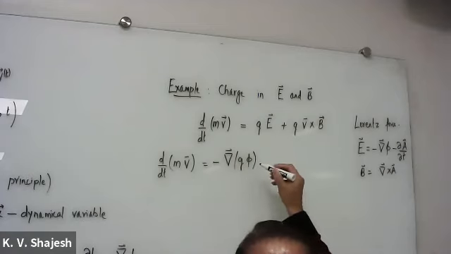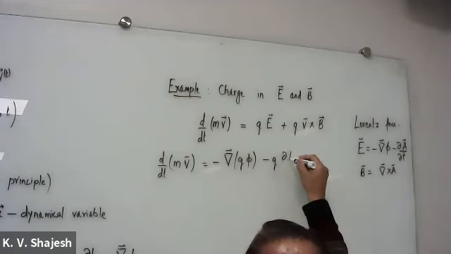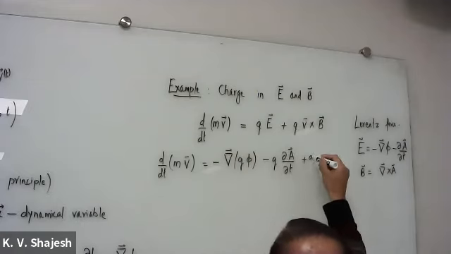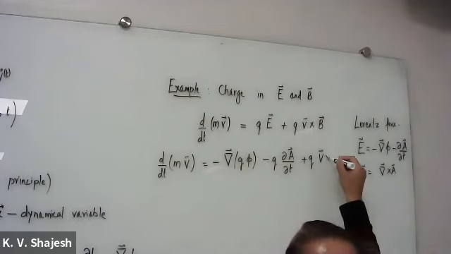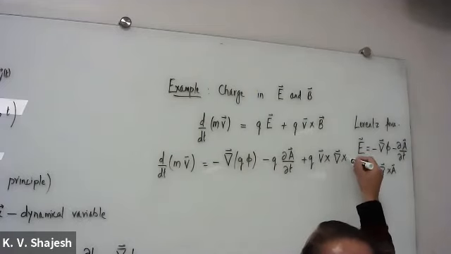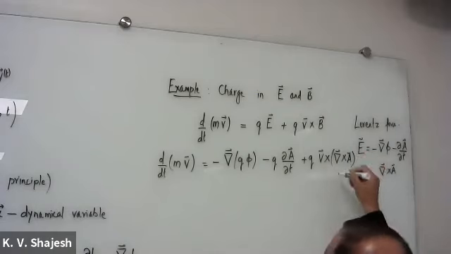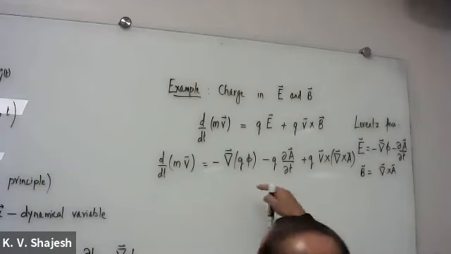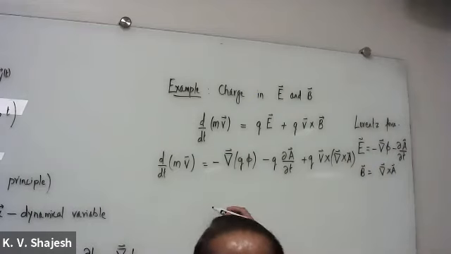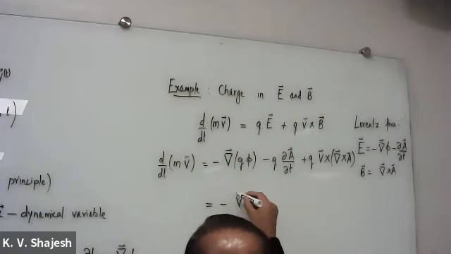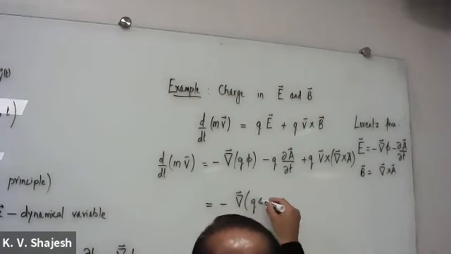Let me write that as minus Q dA by dt plus Q V crossed with del cross A. And next, we expanded this vector product. So it's gradient of Q phi.